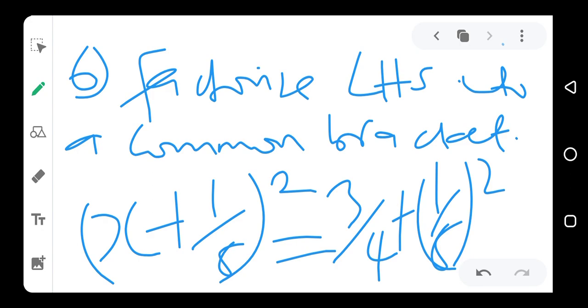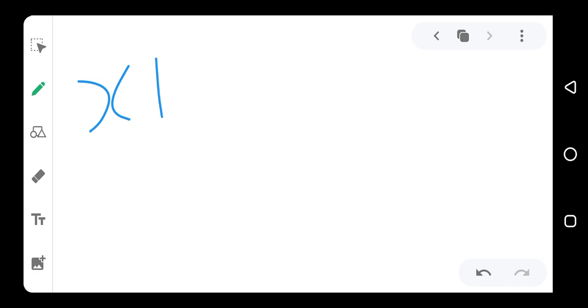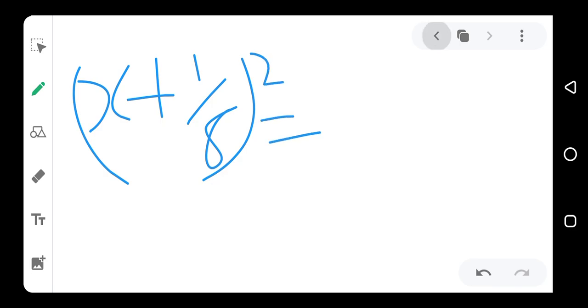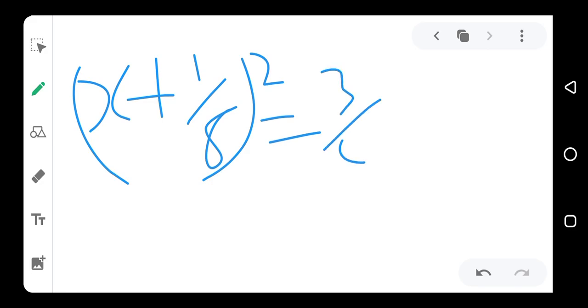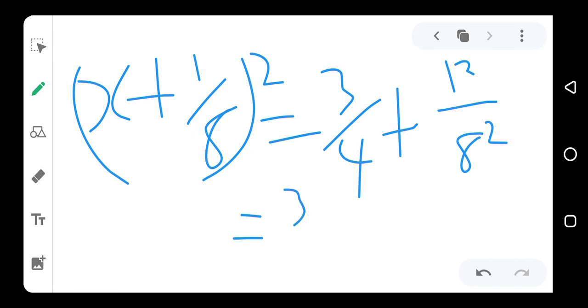We simplify it further so that we have x plus 1 over 8 everything squared is equal to 3 over 4, now plus 1 squared over 8 squared, and this gives us 3 over 4 plus 1 squared is 1, 8 squared is 64.